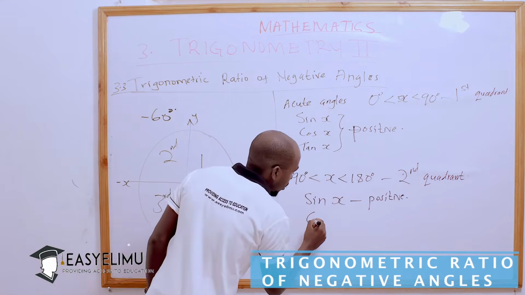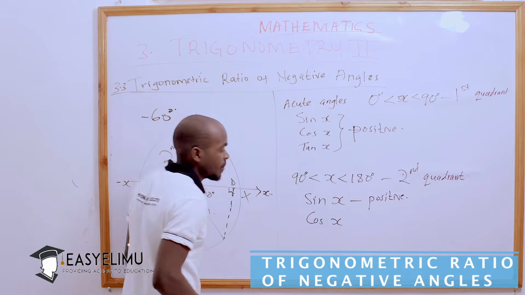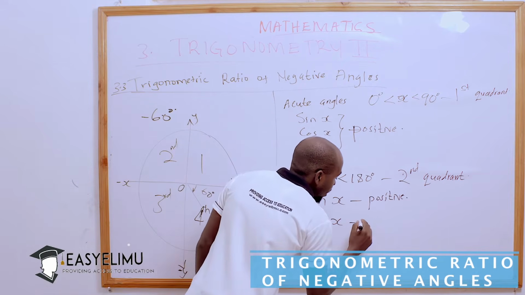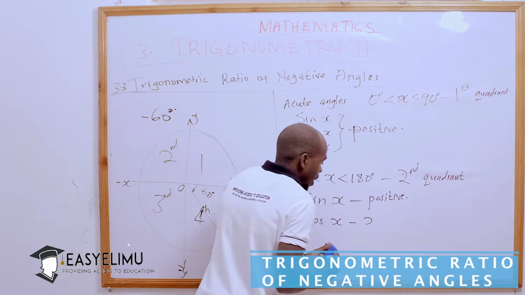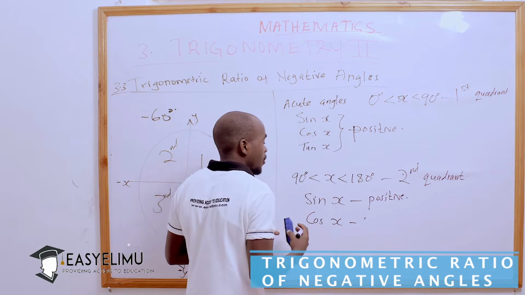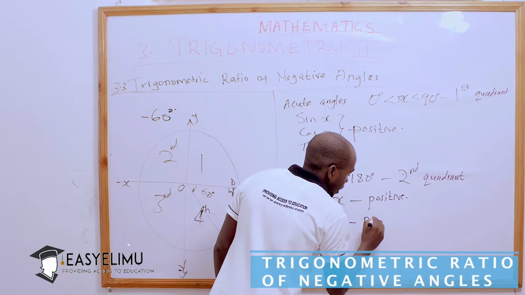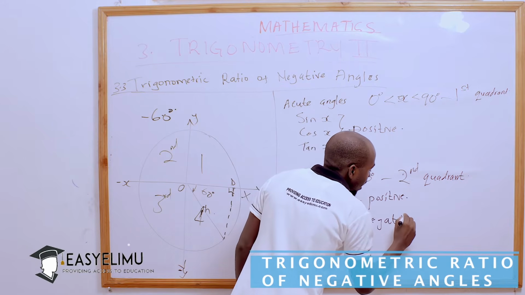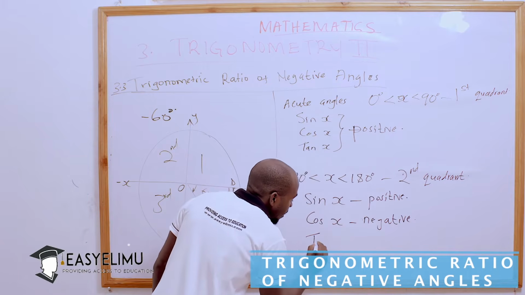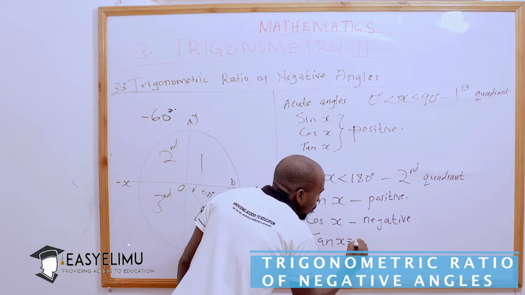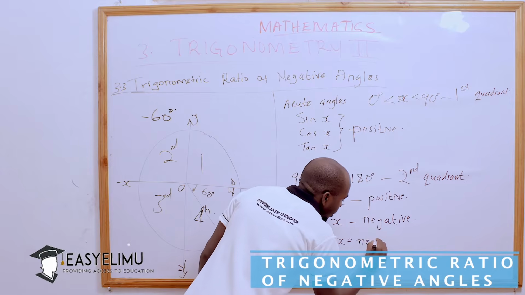And that angle, let's say the angle is x, the sine of the angle is positive. And if you find the cosine of that angle x, you will find that the cosine is negative, because the x is negative. So we shall find it is negative.